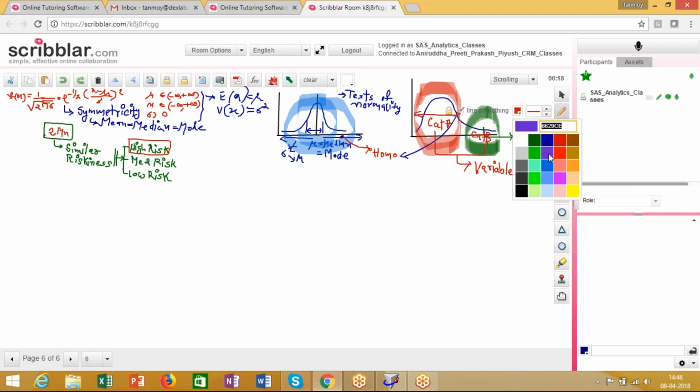The borrowers in the medium risk segment will be more or less similar, and the borrowers in the low risk segment will be more or less similar, right?